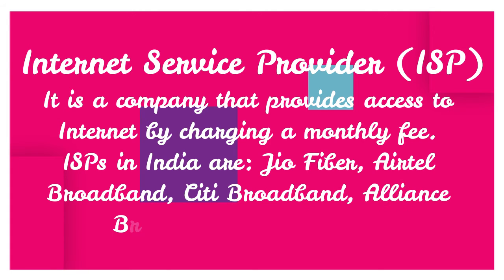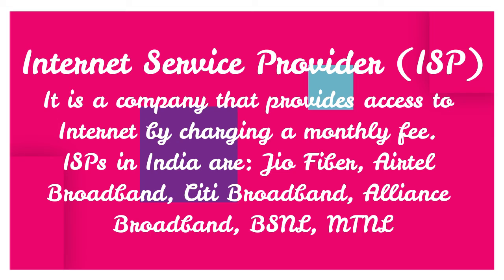Some of the ISPs that are available in India are JioFiber, Airtel Broadband, City Broadband, Alliance Broadband, BSNL, MTNL, Hathway, YOU Broadband, GTPL, Vodafone Idea, Railtel Corporation of India, and many more. They provide a gateway from which we can access the internet, against which they charge a monthly rental.